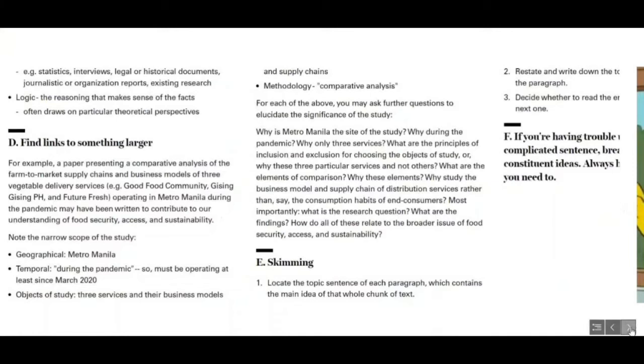So if that is your area of study, if that is your topic, the formation of collective political identities during the 2022 electoral campaigns, then you have to consider, okay, in order to speak about this topic, the formation of collective identities, what are the objects that I will look at specifically? So maybe I would just look at viral videos on TikTok that were produced in support of particular candidates.